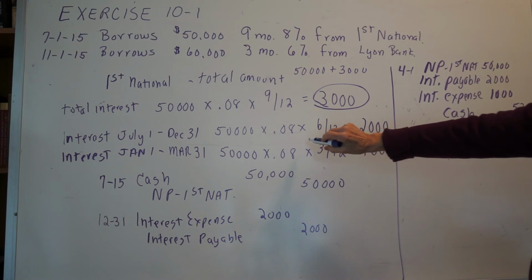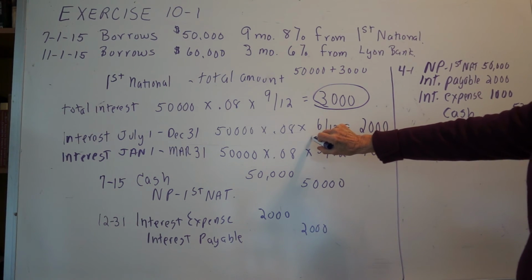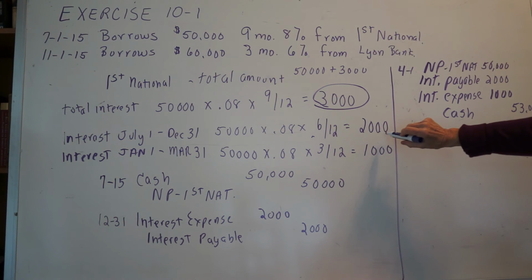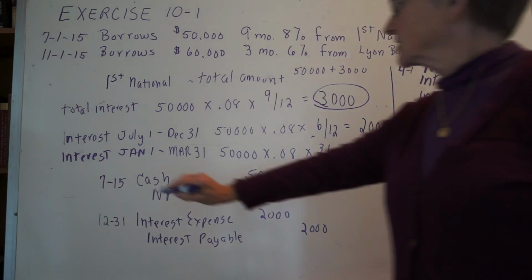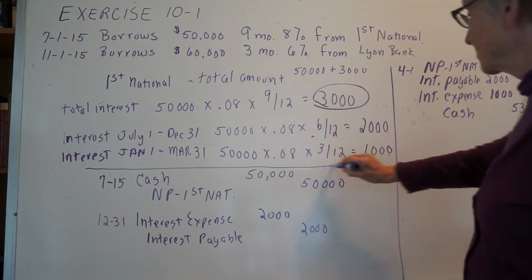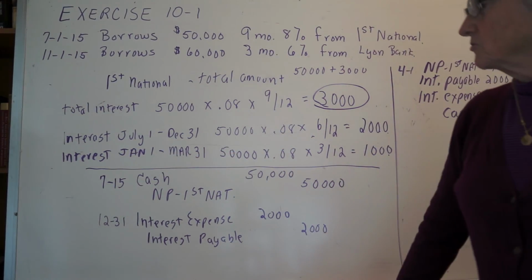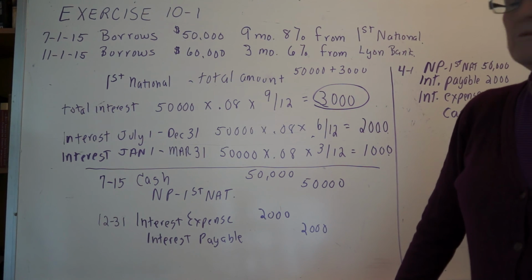And then you work out how much of it is for the current year, which we figured out, and how much is for the year that it's paid off, and then you start making your journal entries.